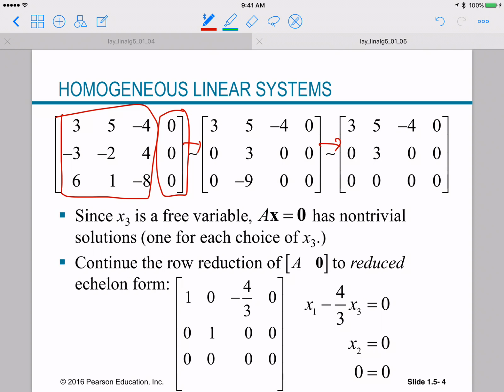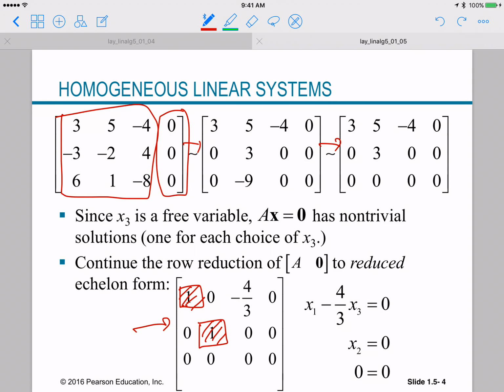Suppose we have this reduced echelon form where we have a pivot here and also a pivot here and no other pivot. In this case, do we have a free variable or not? Yes. What is our free variable among x1, x2, and x3? x3, because x3 doesn't have any pivot, right?